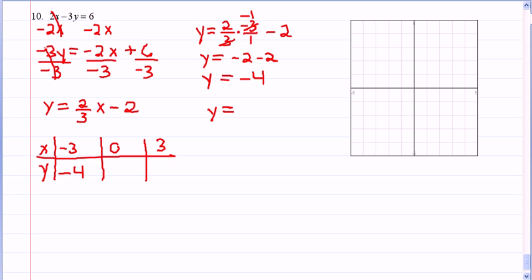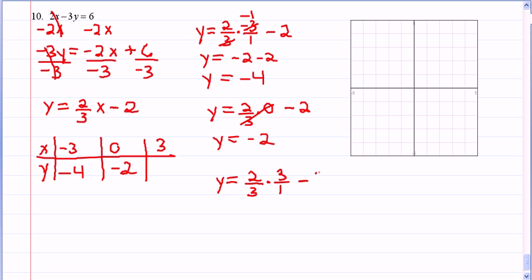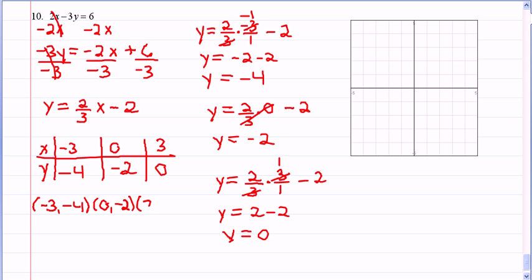Then I substitute 0 in for x, and the term cancels, and I'm left with just -2. And then 2/3 times 3 over 1. The 3's cancel, so that I have 2 minus 2, which is just 0. So my 3 points are -3, -4, 0, -2, and 3, 0.